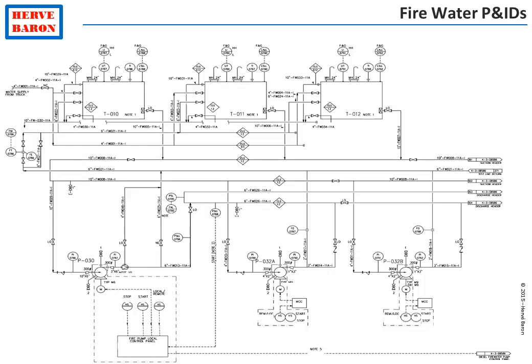The fire water system is designed by safety by issuing P&IDs, which show fire water storage, pumping, and distribution. The system is also defined by safety by issuing its routing drawing, called the fire protection drawing.